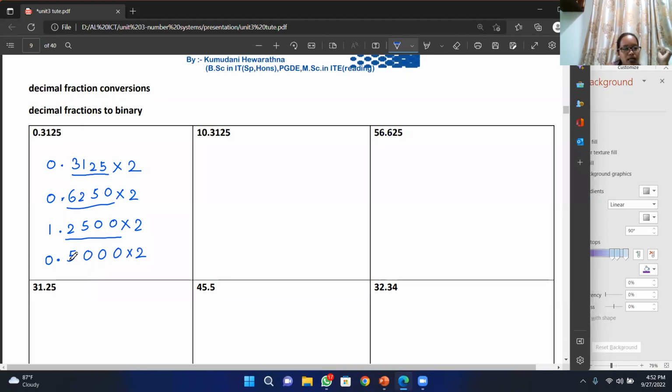Now again this 0.5000, that one you have to multiply by 2. That is 1.0000. So you can stop at that point.